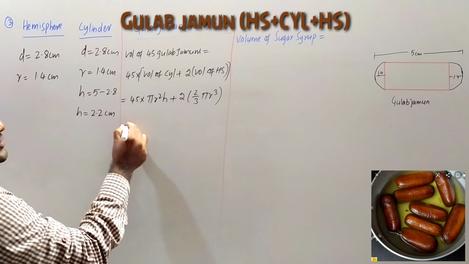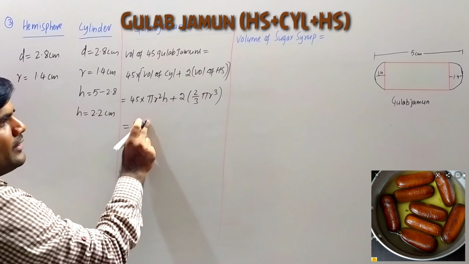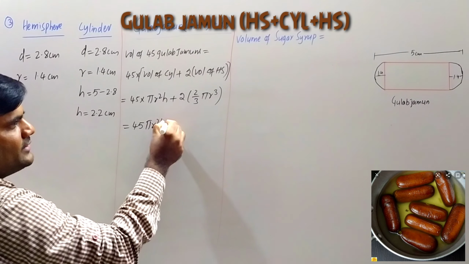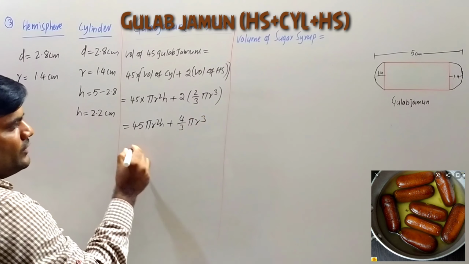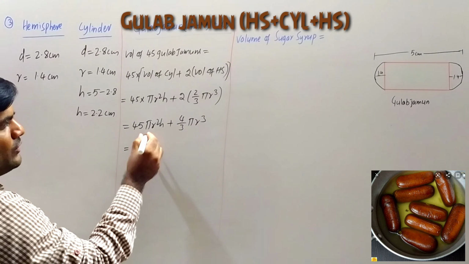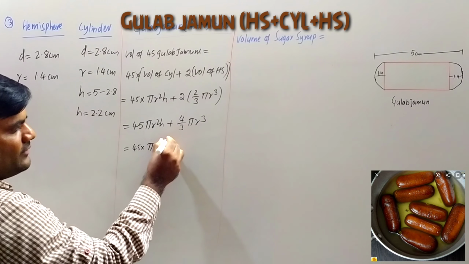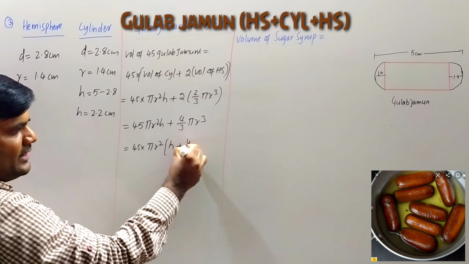Now that is equal to 45 into pi r square h plus 4 by 3 pi r cube. Here I am taking pi r square as common, so the remaining is h plus 4 by 3 r.